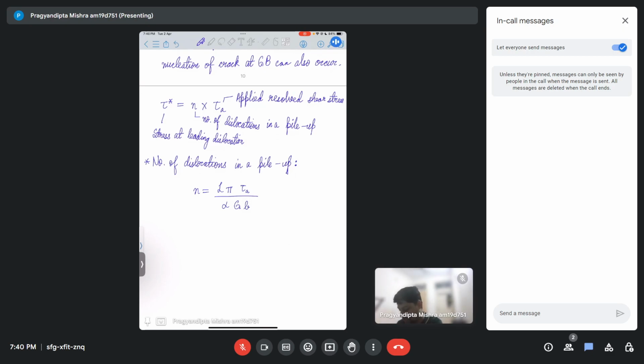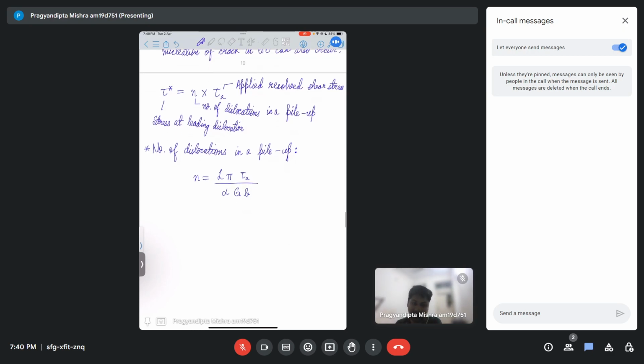Tau A is the applied resolved shear stress. Alpha is a geometrical constant, like 1 for screw, 1 minus nu for edge. b is the Burgers vector. L is the length of the pileup.